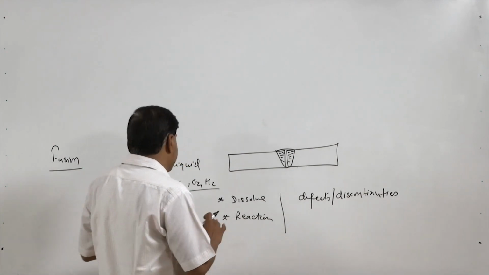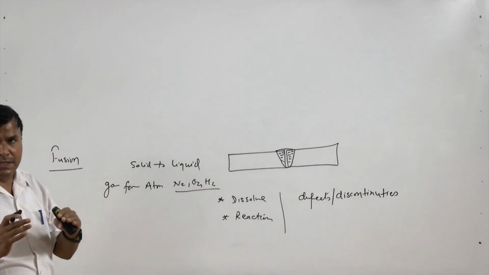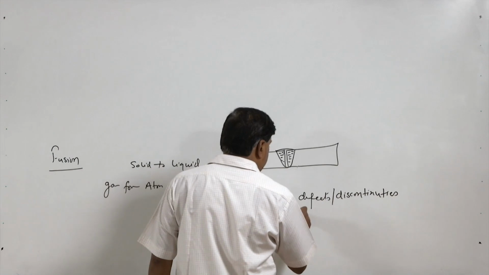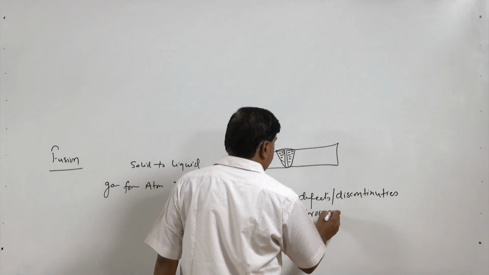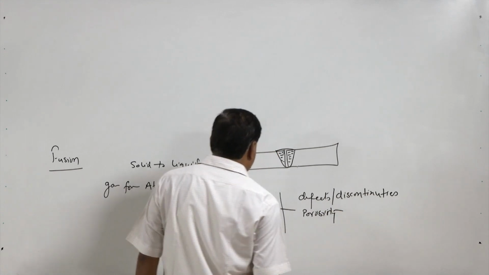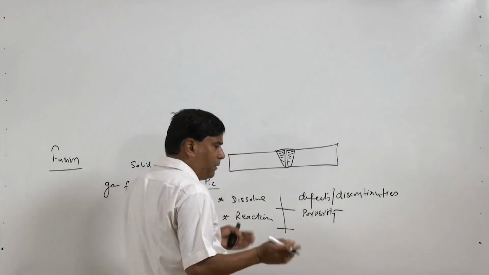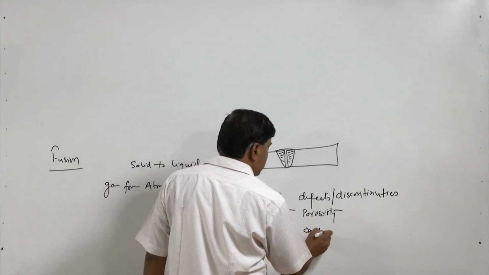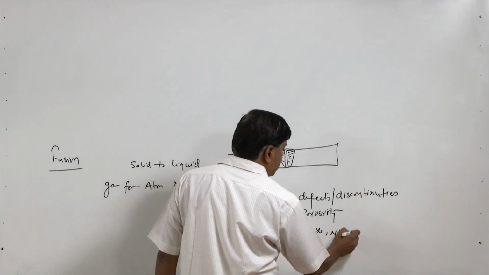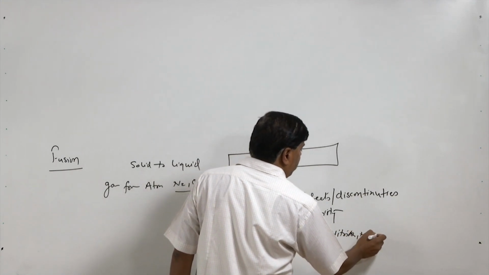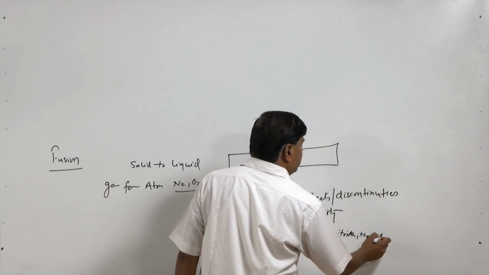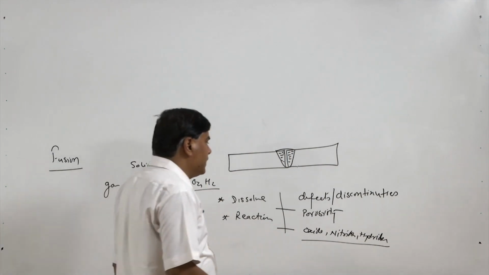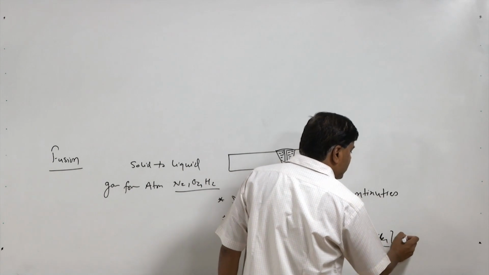So, when the gases dissolve in larger quantity in the molten state, and during solidification they do not get enough time to escape, it results in the development of porosity. And when the gases interact with the molten metal at a high temperature, they will result in oxides, nitrides, hydrides. If they do not float over the surface and are not separated, then they will be present in the weld as inclusions.